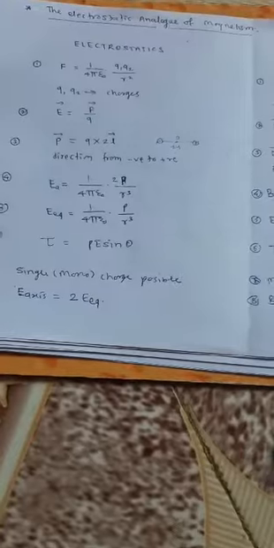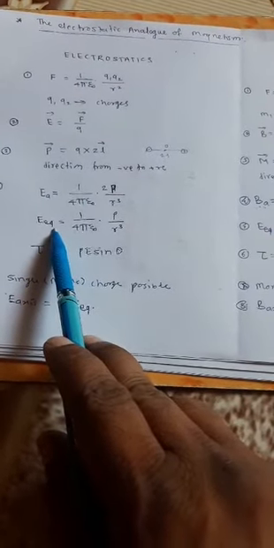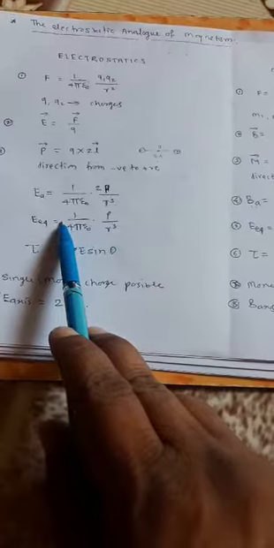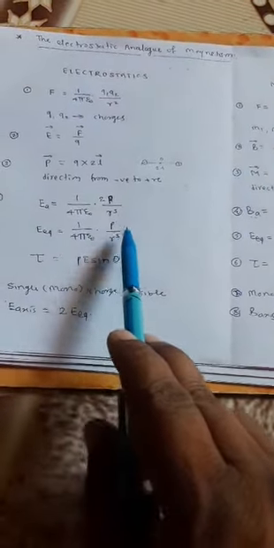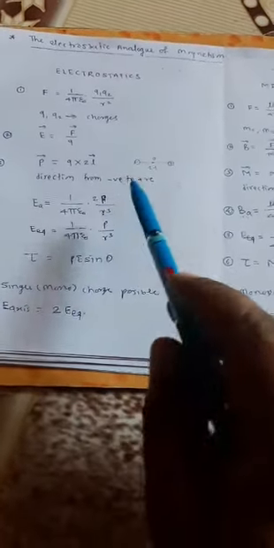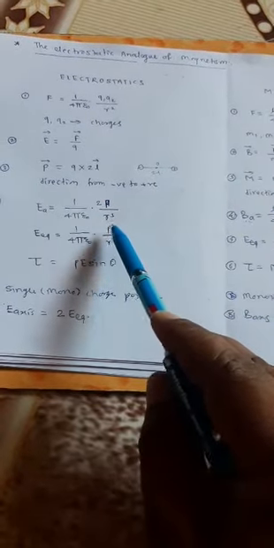Similarly, we have already derived the expression for the intensity of electric field at a point which is situated on the equatorial line of the dipole. Therefore, the intensity of electric field at a point on the equatorial line of the dipole is given by 1 upon 4 pi epsilon naught, P divided by R cube. The difference between these two is, here it is 2p and here only p.